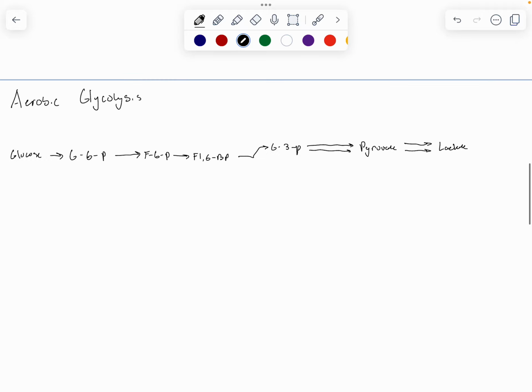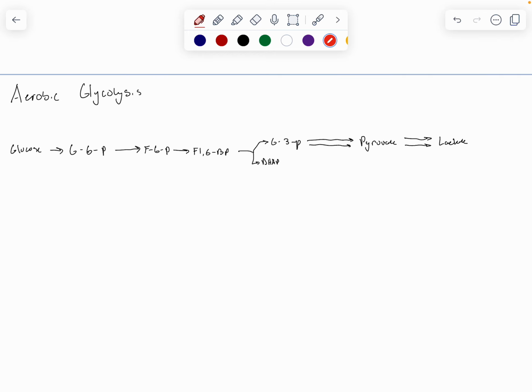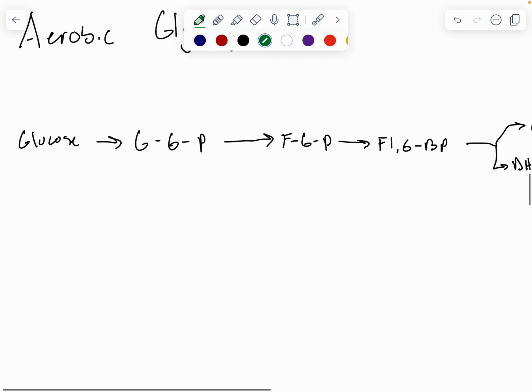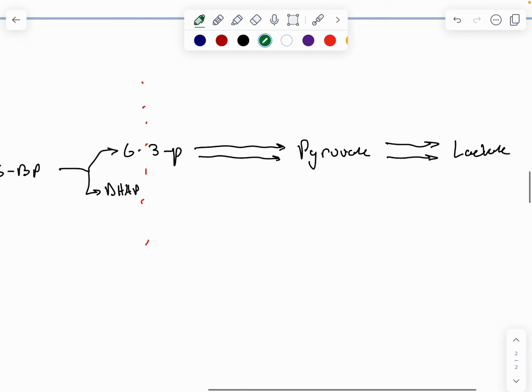But we are in an aerobic state now, which means we are consuming oxygen and producing CO2 inside our body. So a couple different things are going to happen in an aerobic state. If we remember again, right here is the cutoff for going into the second stage. But just to fill in some minor information again, right here we are losing an ATP because we're adding phosphates to these products.